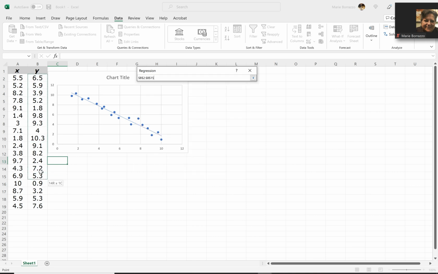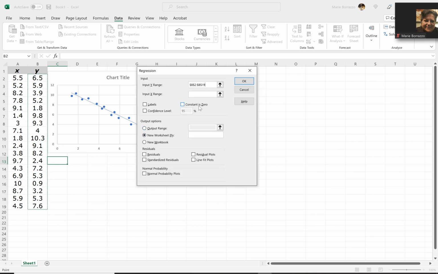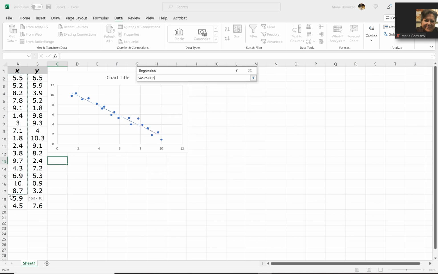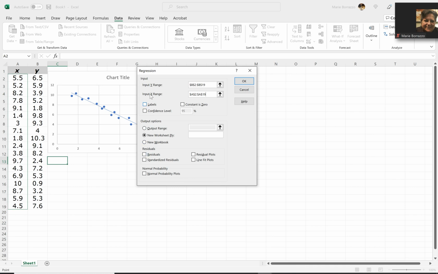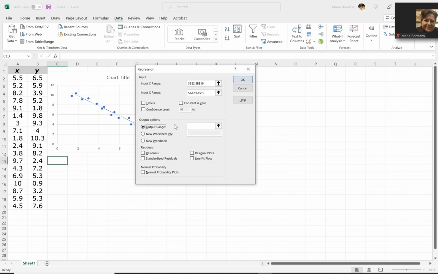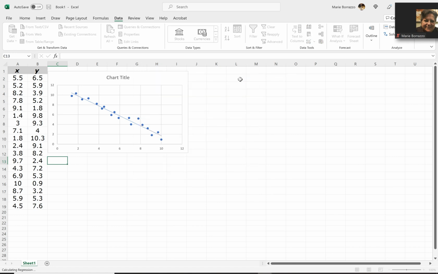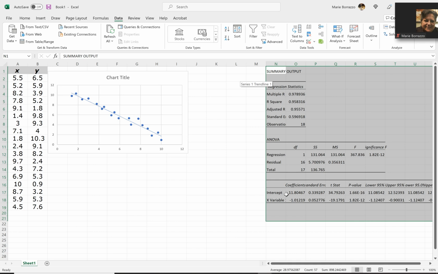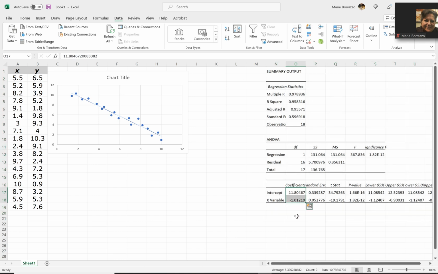In the X, see how it says input X range? I'm going to highlight all the X values as well. I did not have any labels, so I'm not going to worry about that. All I want in this case is the data. There's the data, and here's your least squares regression line. That's what it looks like.